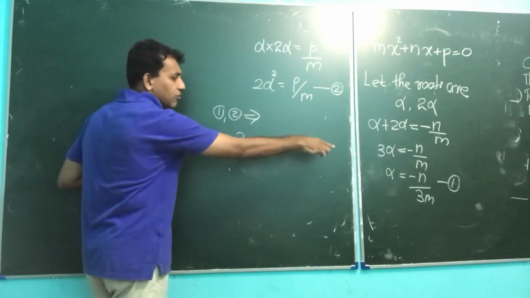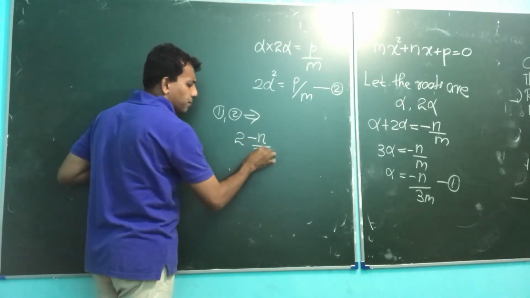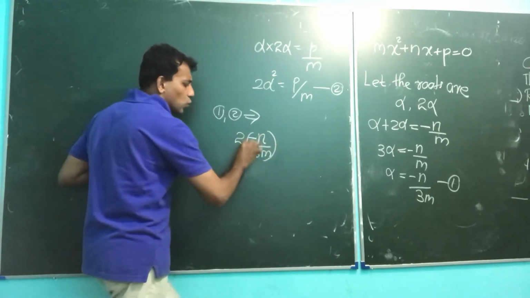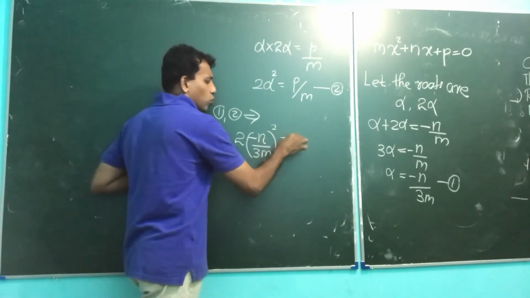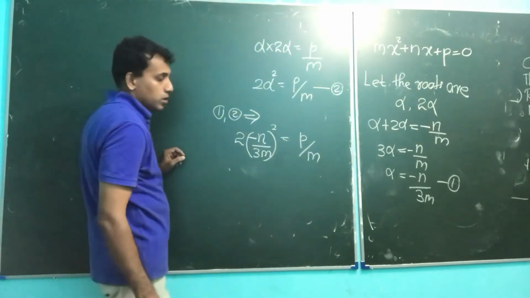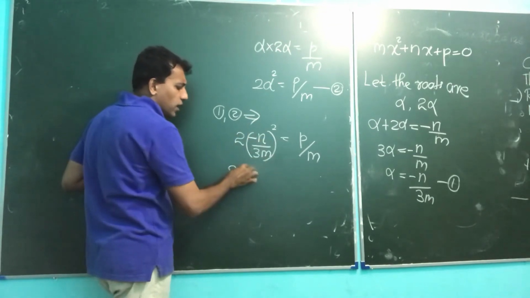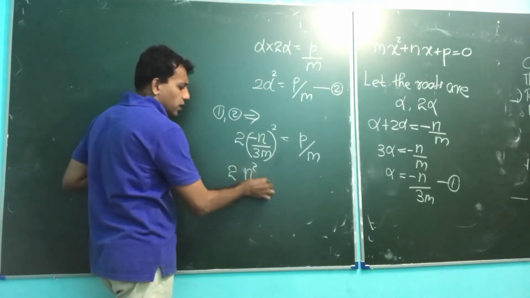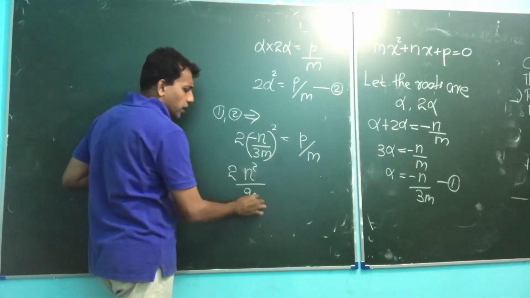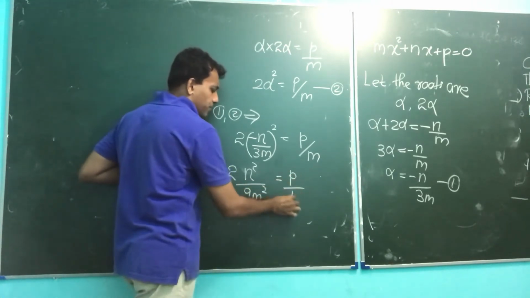So alpha is minus n over 3m, completely squared, equal to p over m. So 2 times n square over 9m square equals p over m, right?